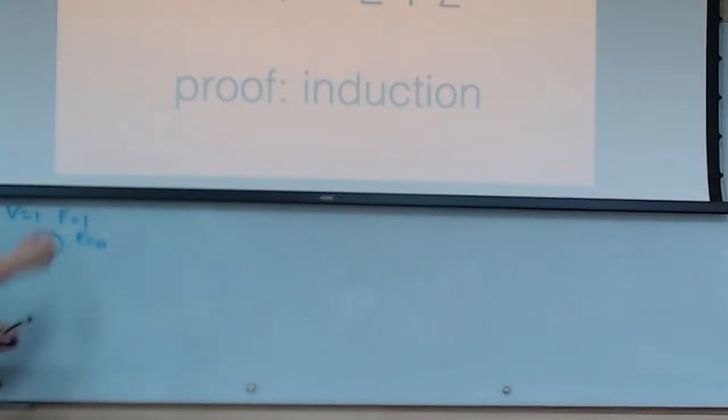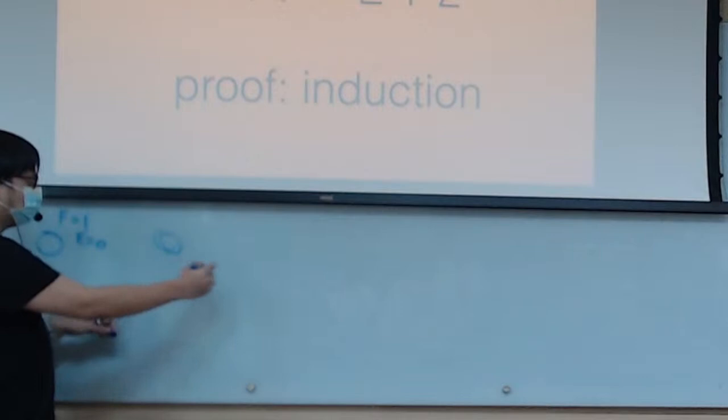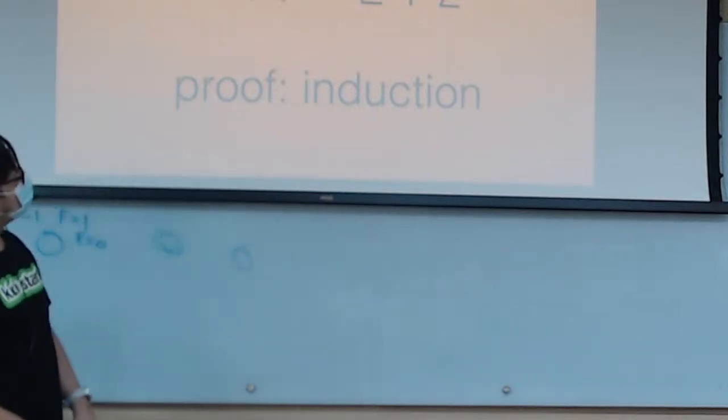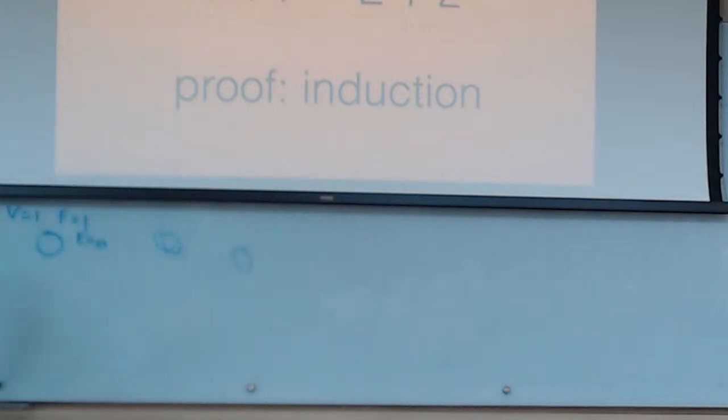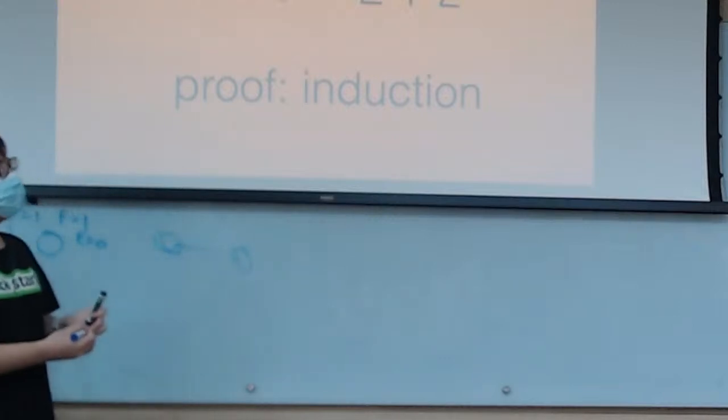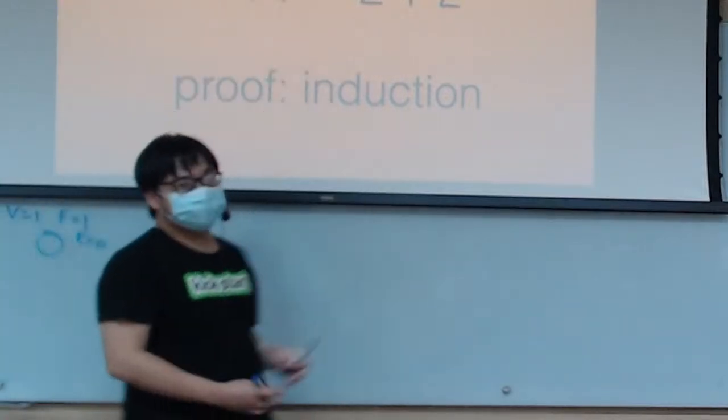By induction we can start from this, and any graph can be built by adding nodes or edges. Sorry, the graph has to be connected. So every time you add a node, you have to add an edge as well, and both of these sides will increase.